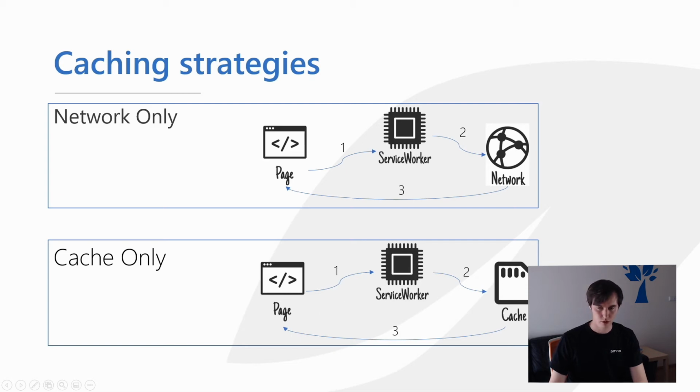There is no communication with the server, which can be a good thing because your application is faster and you are not depleting the networking resources. But this can be a bad thing if the file or the resource that the page asked for isn't registered in there. So if it's not in the cache, then this won't work.